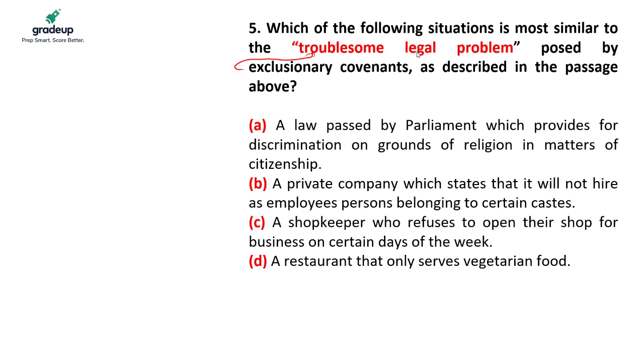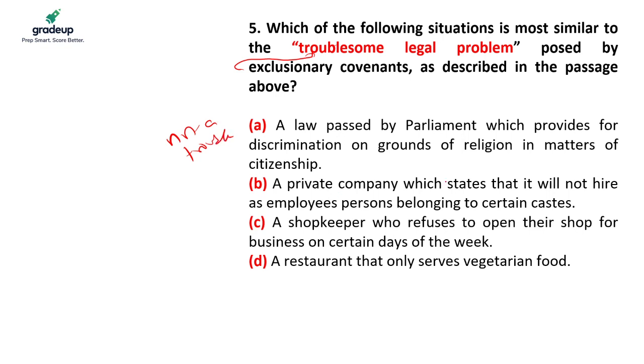Because if it is provided by the law itself, there is no legal issue because the Constitution has allowed it. If this has happened, then you're bound by the Constitution, so you don't have to worry about it. This is not a trouble because this is provided for in the Constitution.